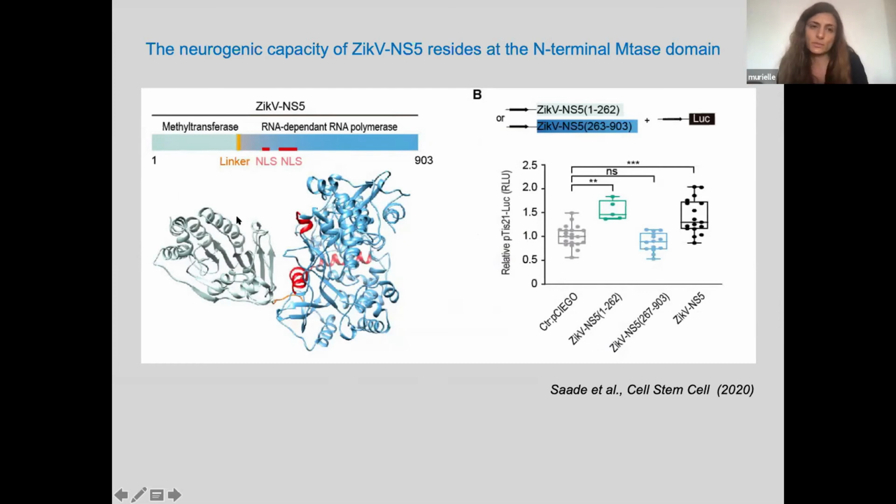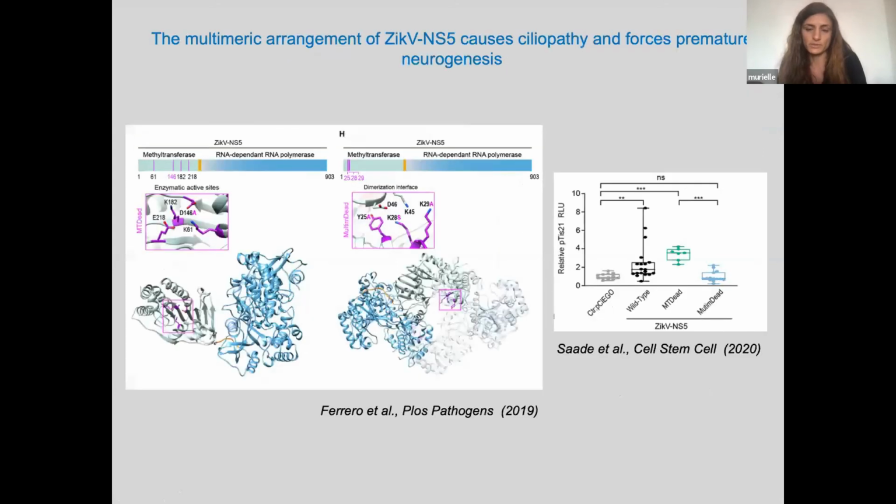So what we did is electroporate each of these domains within the chick neural tube to see which one is involved in premature neurogenesis, and we found that the methyltransferase domain, located in the N-terminal, is the one involved in premature differentiation.